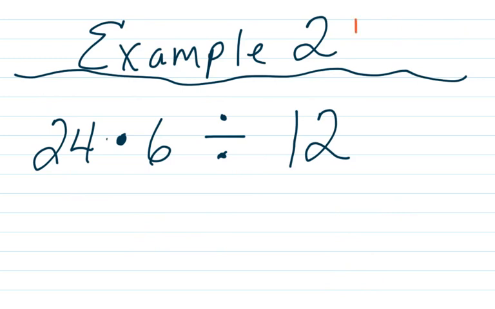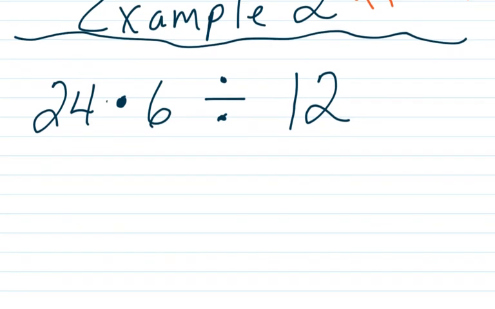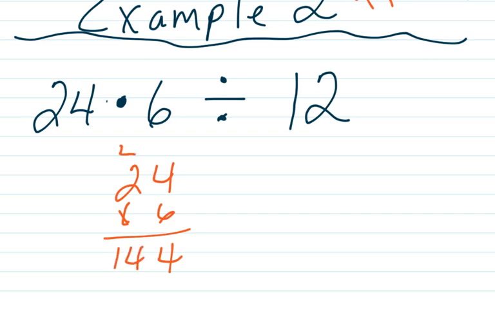This time we're going to still write down PEMDAS. Okay, we don't have parentheses or exponents, but we do have multiply. So 24 times 6. That is 144.